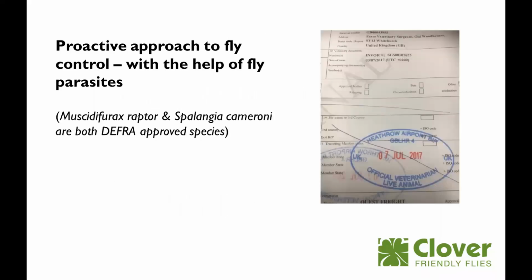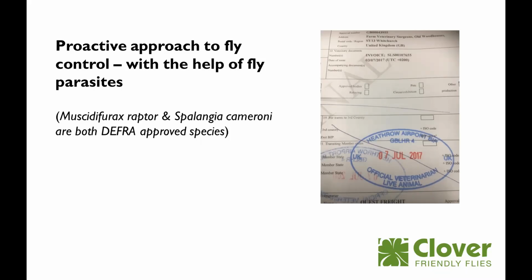So what we use these fly parasites for is to be more proactive and to try and reduce the fly population before they become a problem. So we use two species of tiny parasitic wasp, which are Muscidifurax raptor and Spalangia cameroni.